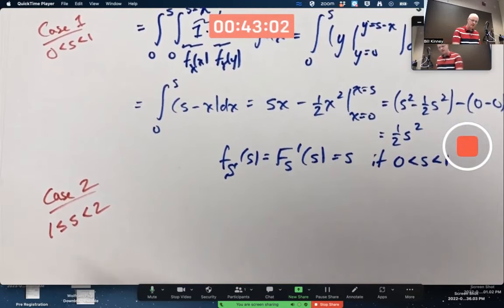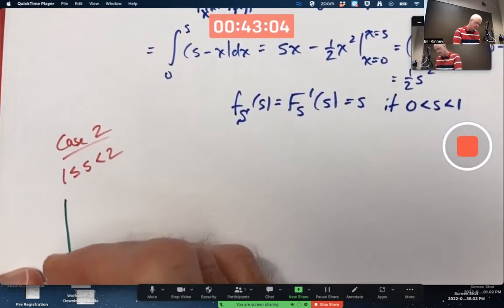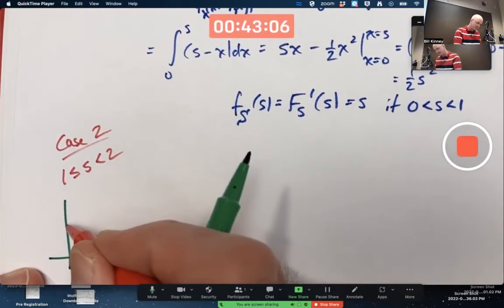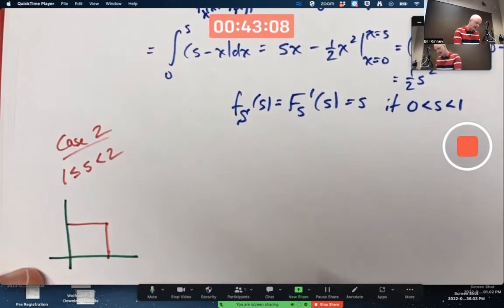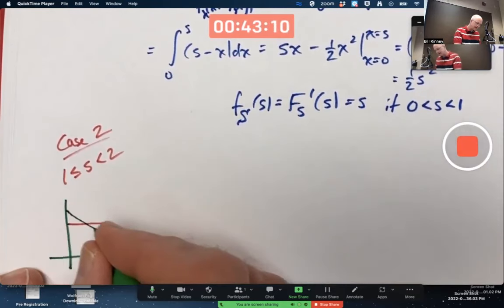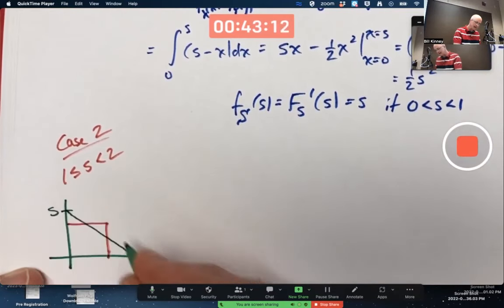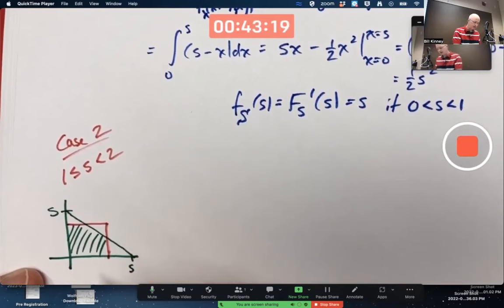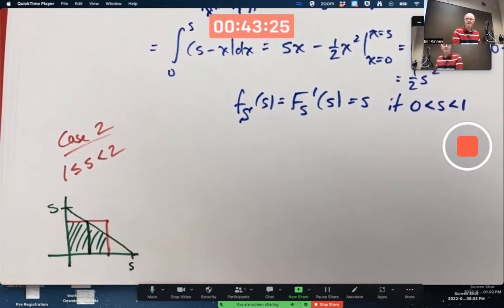That's trickier because the graph of that line now looks like this. And the part that I have to integrate over is this part, which is no longer a triangle. Though you could break it up into a rectangle and a trapezoid. Integrate over each piece and add.